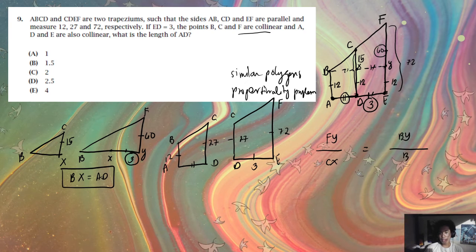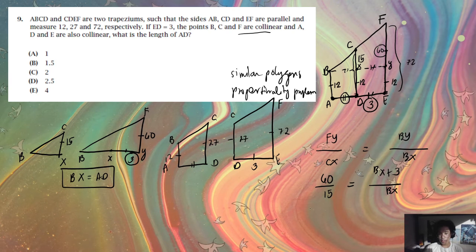all over BX. And since we know the value of FY, that's 60, and CX is equal to 15, that should be equal to BY, which is equal to BX plus 3, and BX is just BX since we don't know the value.